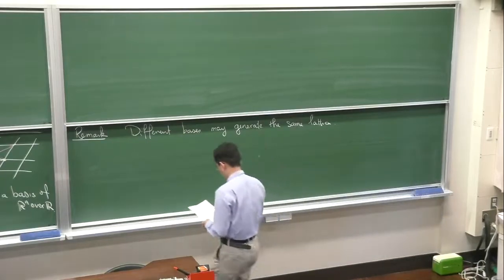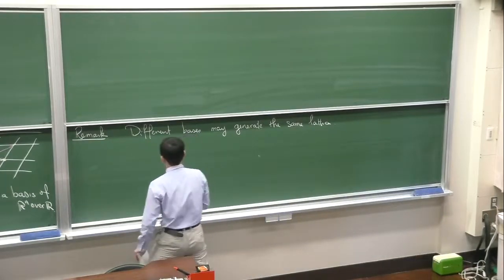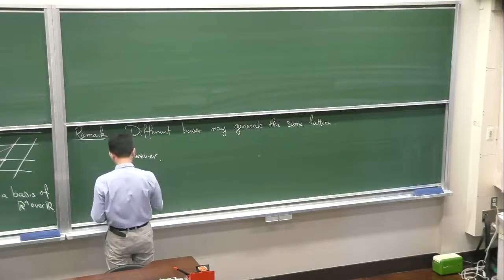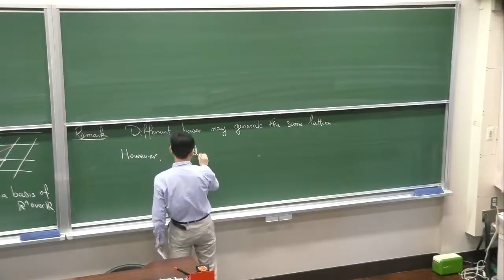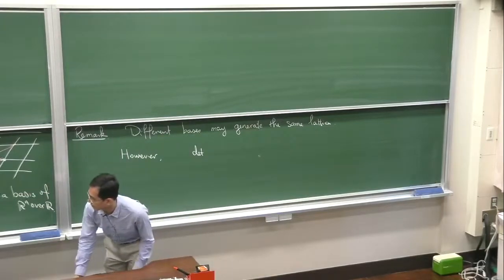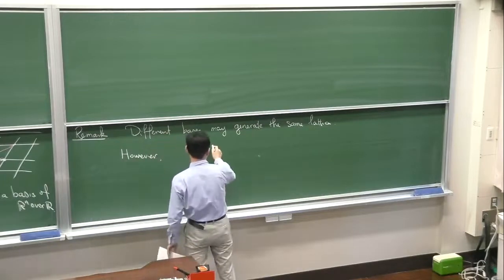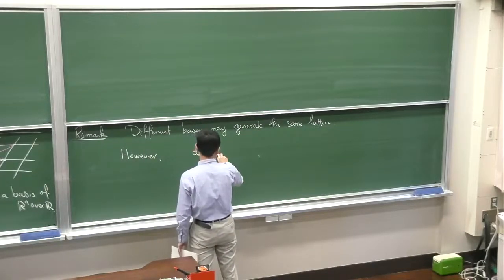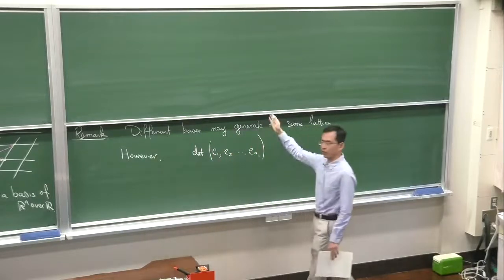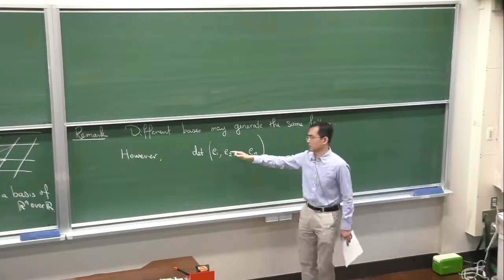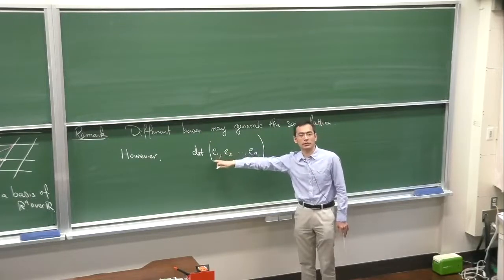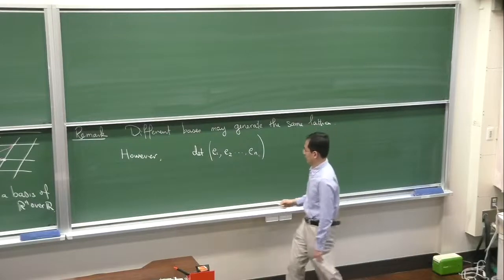However, there is an invariant. If you take these vectors e1 to en, which are vectors in R^n, you can put them together as column vectors and find an n by n matrix, and then calculate the determinant.